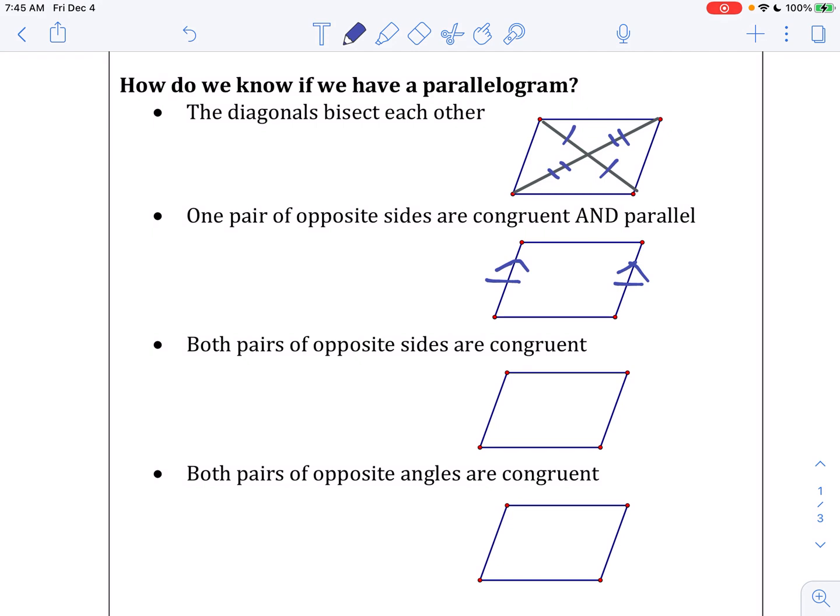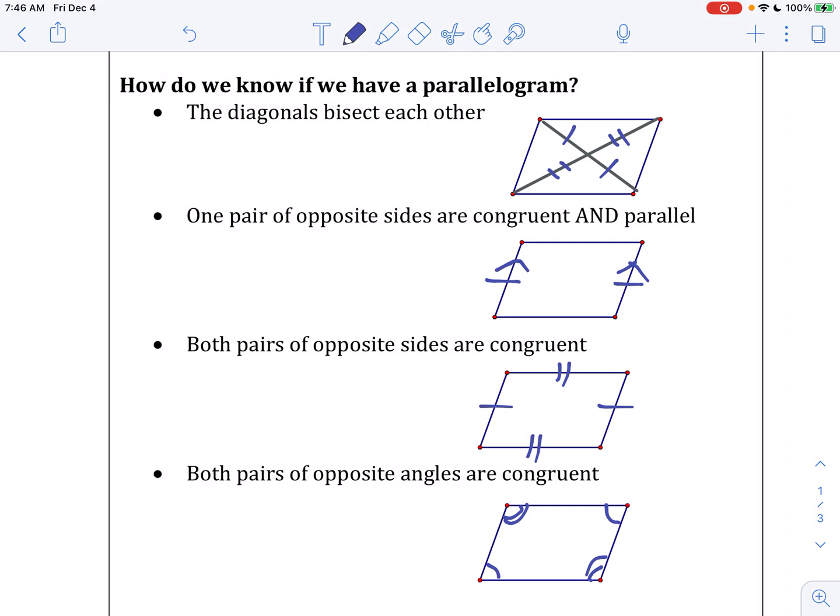If we know that both pairs of sides opposite each other are congruent, that's enough to say all by itself that it's a parallelogram. And if we know that both pairs of opposite angles are congruent, that's enough to say that we have a parallelogram.